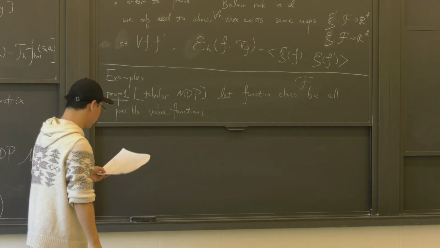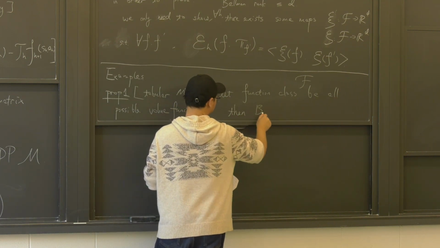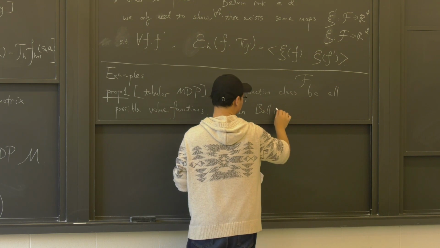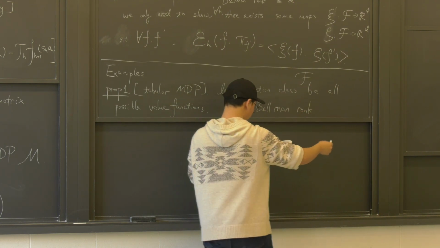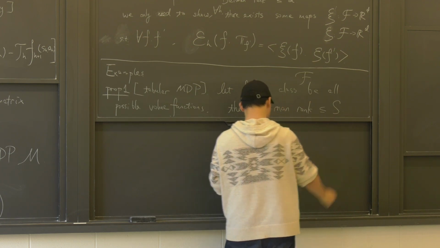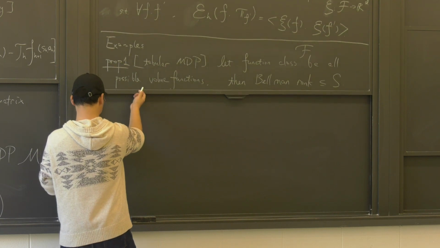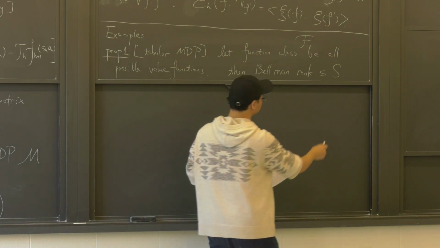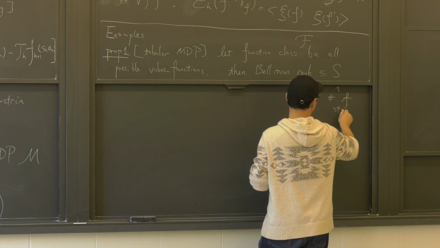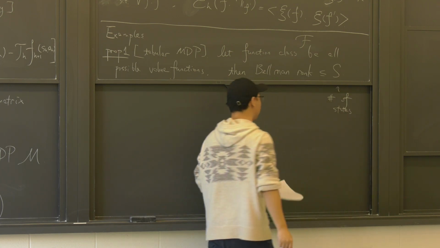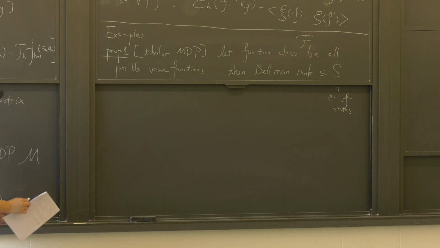For the tabular MDP, we can show the Bellman rank is less than or equal to S, where S is the number of states. Because in the tabular setting, S is finite and small, so this is completely fine.